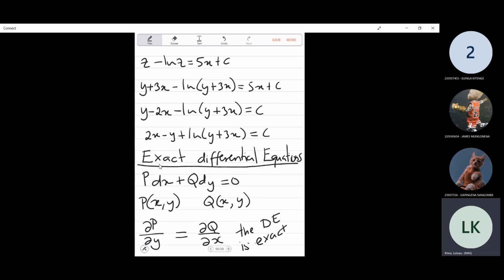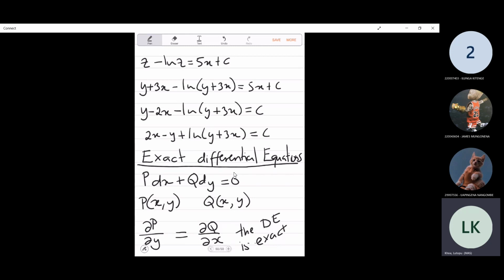So you take this function p, differentiate it partially with respect to y, take q, differentiate partially with respect to x, then if the two answers are the same, then we can say that the differential equation is exact.